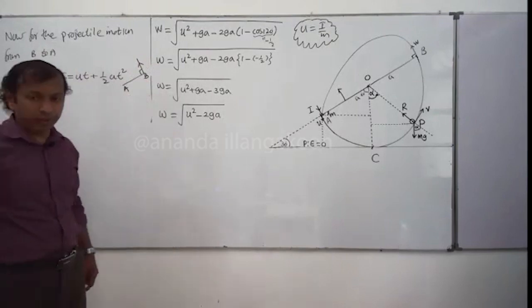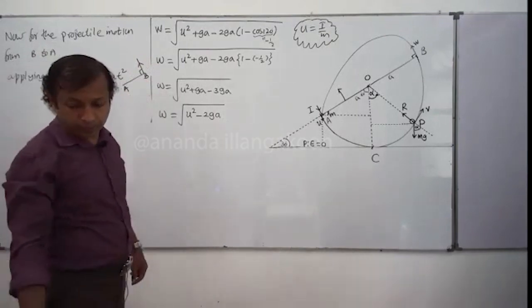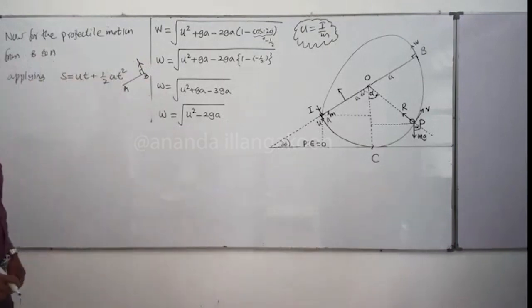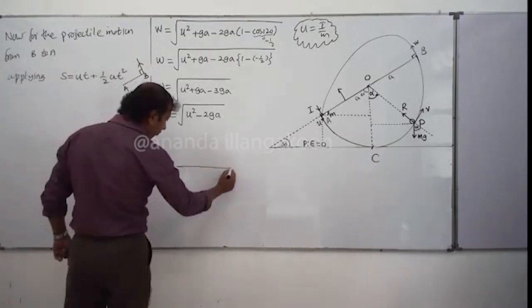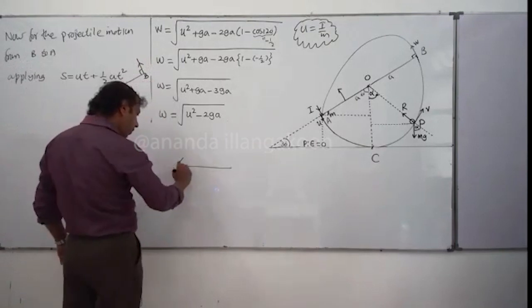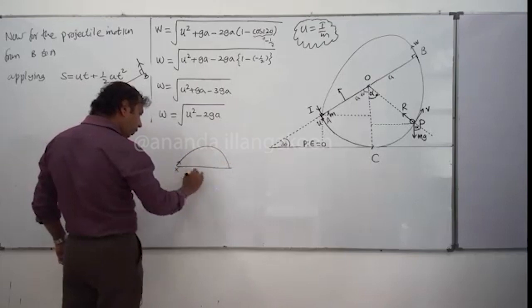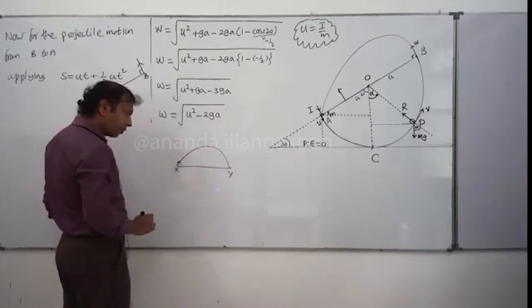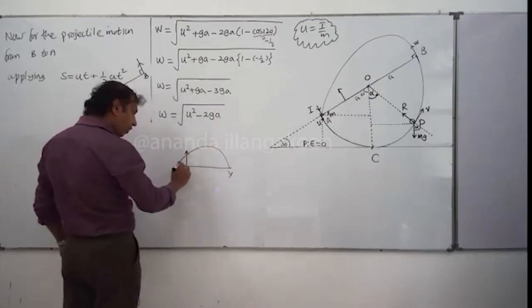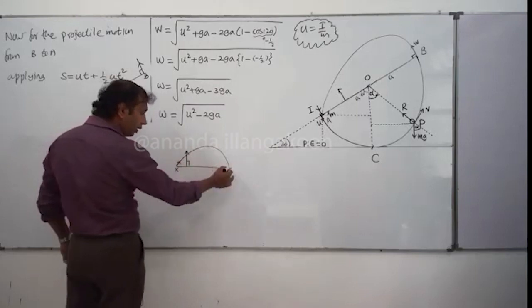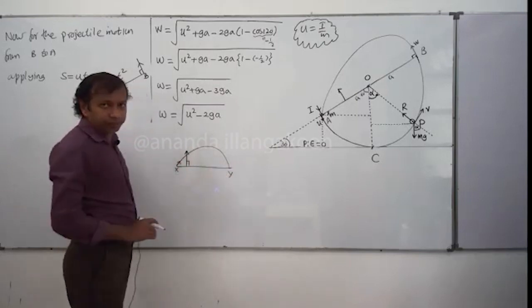What is displacement? Just think like this. When we project a particle on the ground like this, from here to here, and apply s equals ut plus half at squared perpendicular to the ground, once the particle is here and here, it is on the same level.